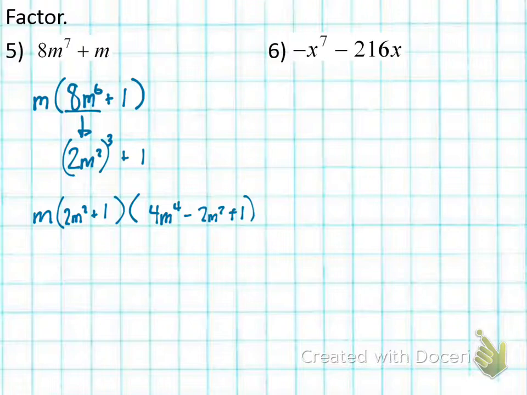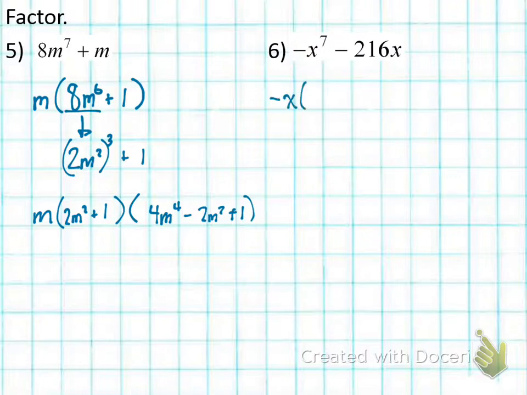The last one I wanted to show you, this one's a little scary, right? Because there's a negative sign there. I wanted to show you a trick. Whenever you see two negatives, and those are the only operations in front of numbers, for example, number 6, we have a negative sign here and a negative sign here, right? I don't like dealing with negatives. I think they're kind of scary, right? And then I'm noticing there's an x and an x here. So what I'm going to do is just factor out a negative x, okay?